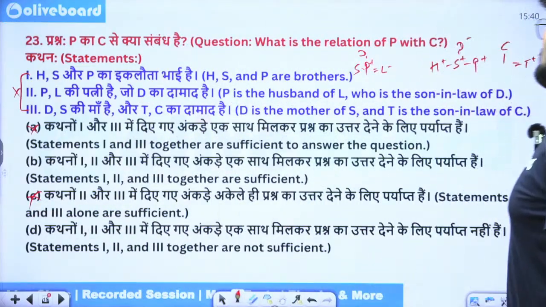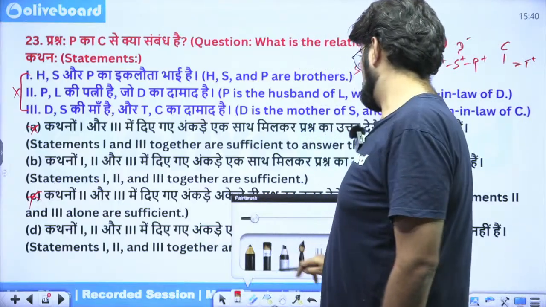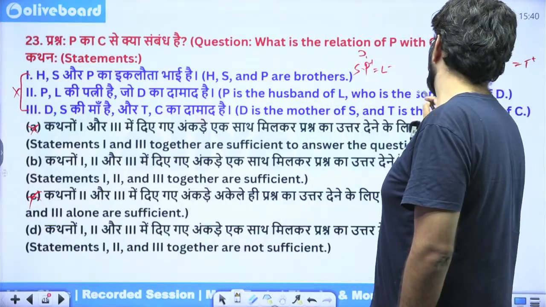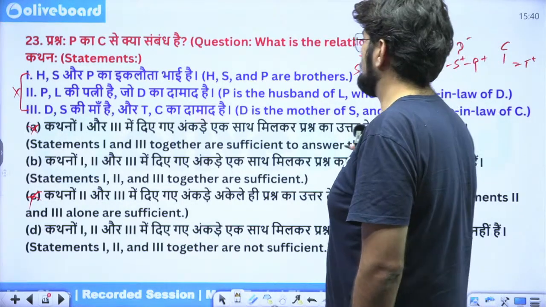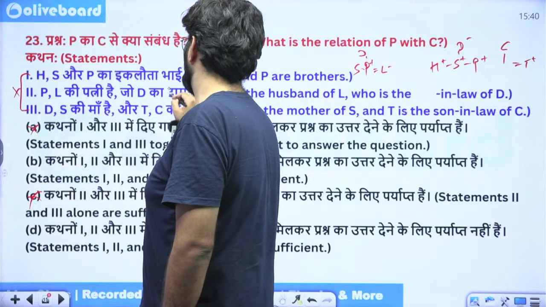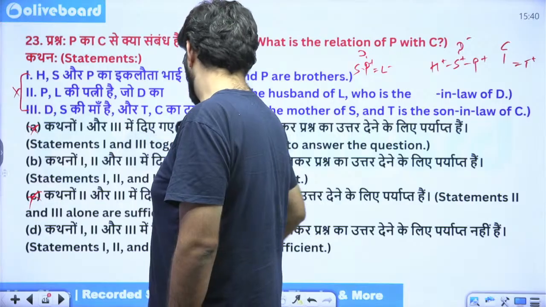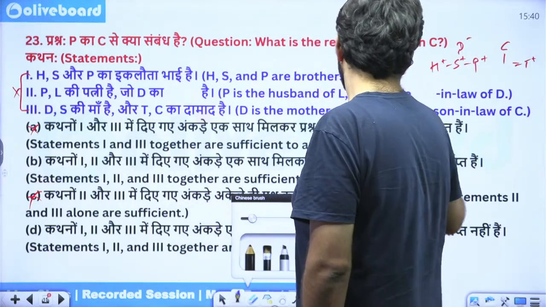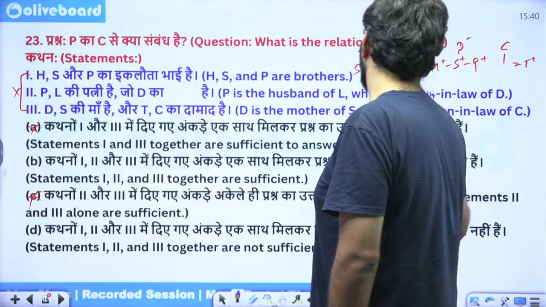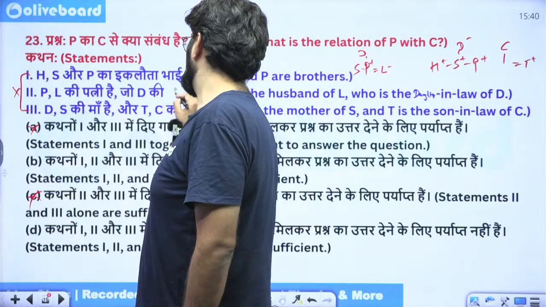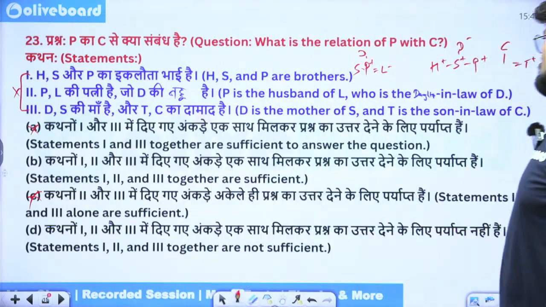If I combine all three of them, even if let's consider this to be the daughter-in-law only, no? That will make it easy. Okay.